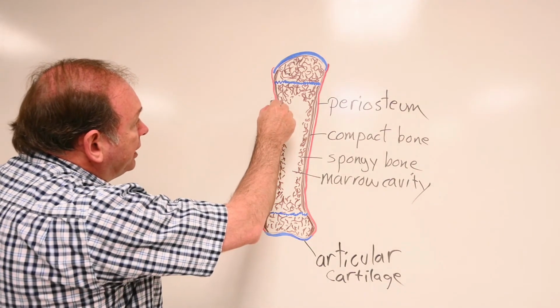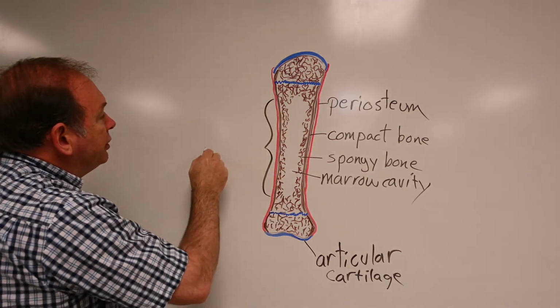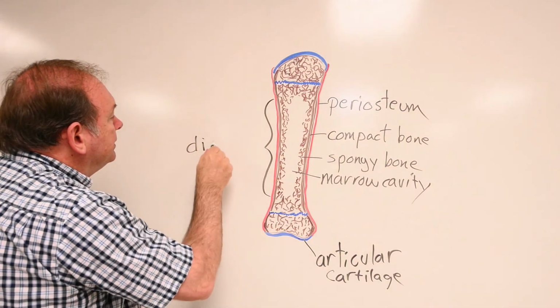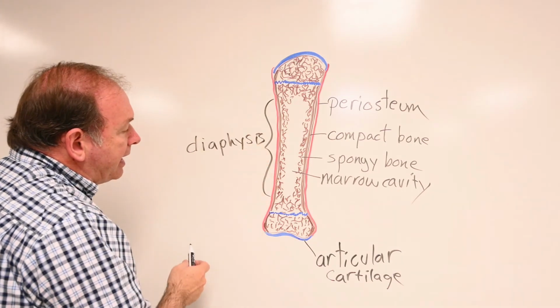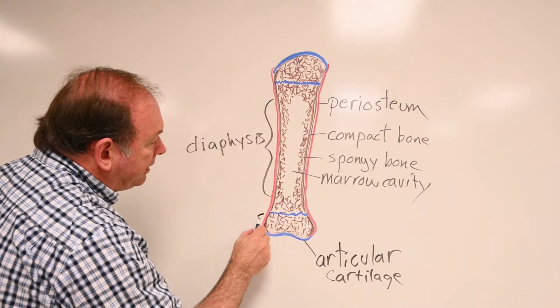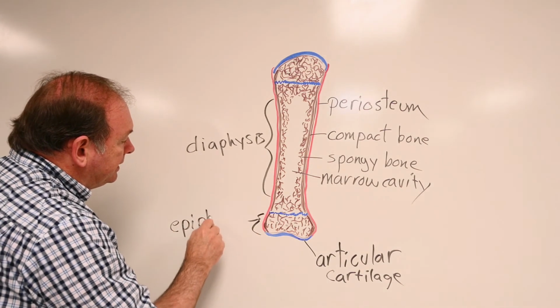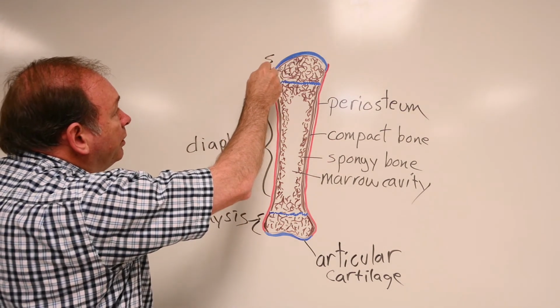The center portion of a bone, the long shaft portion of the bone right here, is referred to as a diaphysis. The diaphysis of the bone. The very end part beyond the epiphyseal plate there is the epiphysis. The epiphysis of the bone there, and there's another one up here.